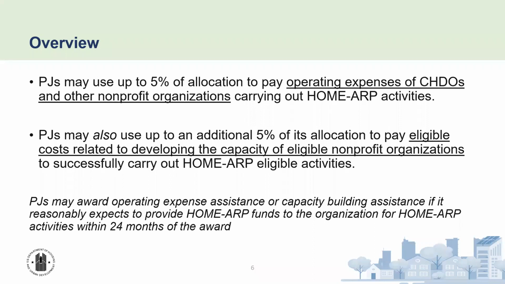And similar to how the HOME regulations handle providing operating expense assistance to CHDOs, PJs may only award operating expense assistance or capacity building assistance to an organization if they reasonably expect to provide HOME-ARP funds to that organization or HOME-ARP activities within 24 months of the award. Next slide.